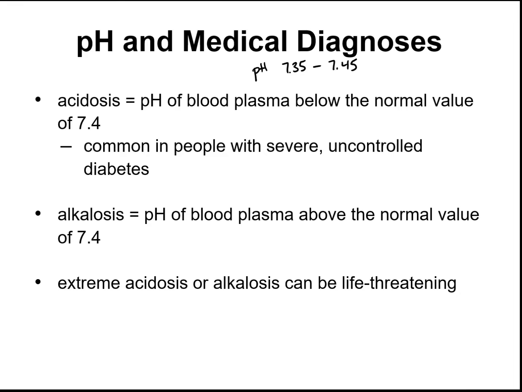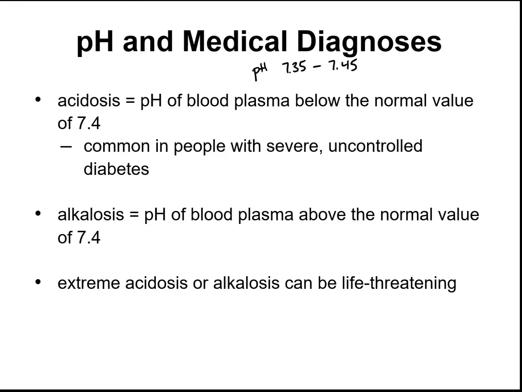If the pH of your blood dips below that, so it is smaller than 7.35, that is called acidosis. And it can occur in folks who have severe uncontrolled diabetes. We're going to address that at the end and bring a bunch of concepts together about why that happens. And by the end of the course, you'll be able to talk about that intelligently because you'll know a lot of the metabolic pathways and the underlying reasons for why this happens.